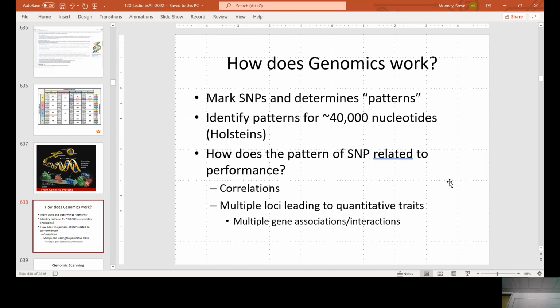So there are correlations, and you're looking at multiple spots. Loci means spots.